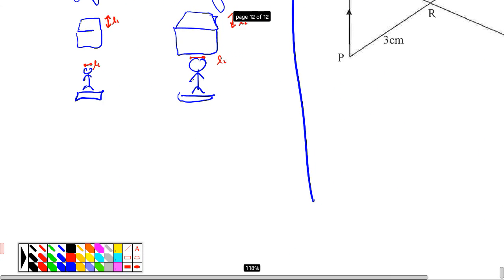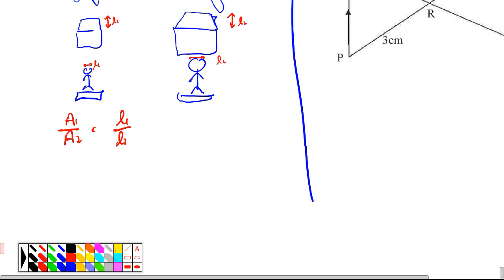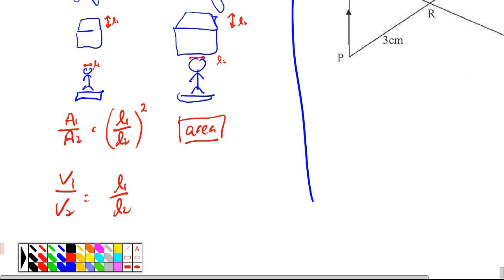Now, I will show you the formula. A1 over A2 is equal to L1 over L2 squared. A stands for area. V1 over V2 is equal to L1 over L2 cubed.